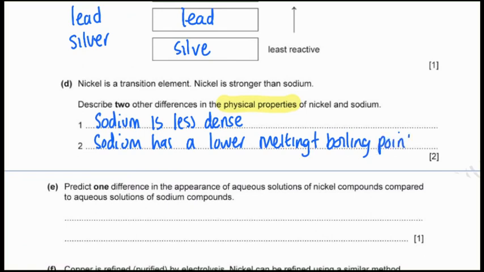All group 1s have lower melting and boiling points than the transition metals. Remember not to write MP and BP. Don't be lazy because your examiner doesn't know what you mean by MP or BP.